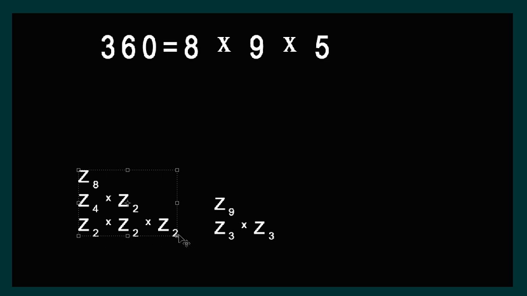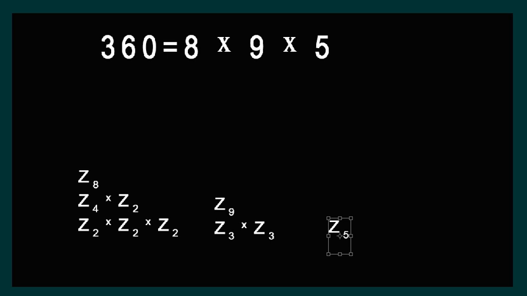So these are what we need, a product of cyclic groups of prime power order. Now, in 5 we only have 5 itself. Okay, so these are some of the ways that we can express this number.